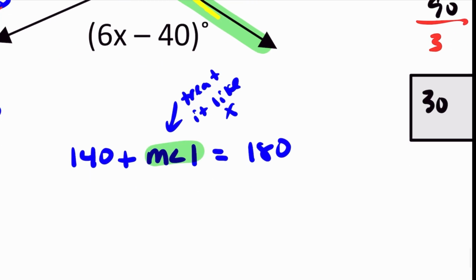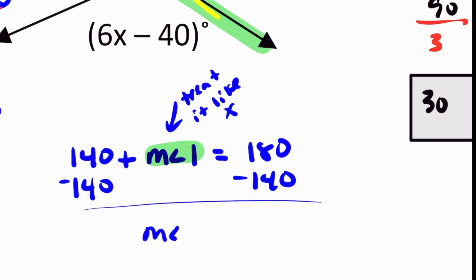So what do I have to do? Well, to get measure angle 1 by itself, I got to get rid of this 140, right? So I need to subtract both sides by 140. And then I get measure angle 1, which is what I want alone on one side of the equation, which is equal to 180 minus 140, which is just 40 degrees. All right?